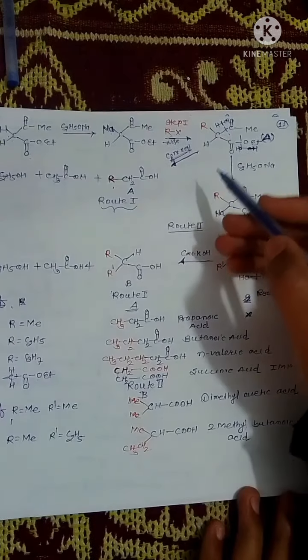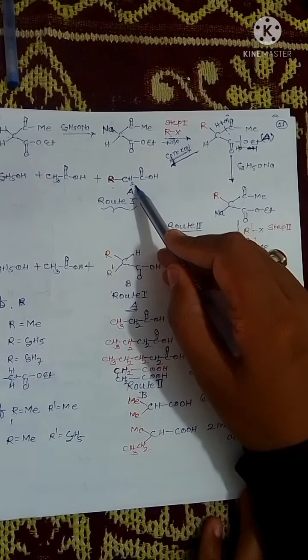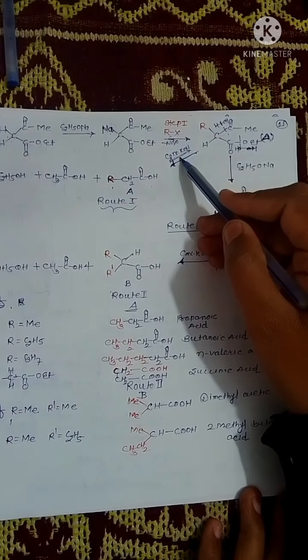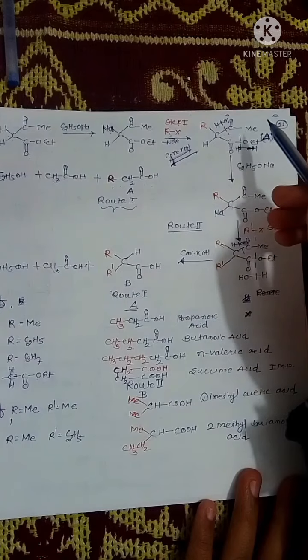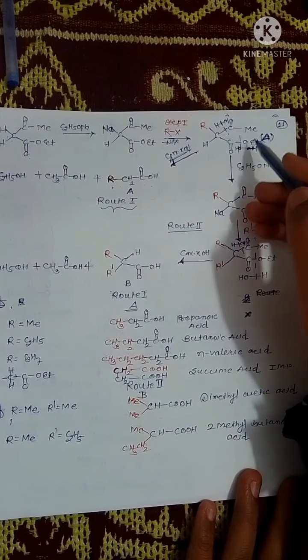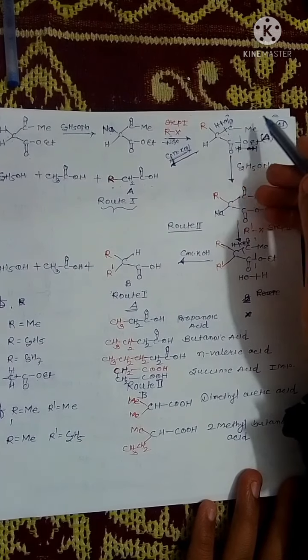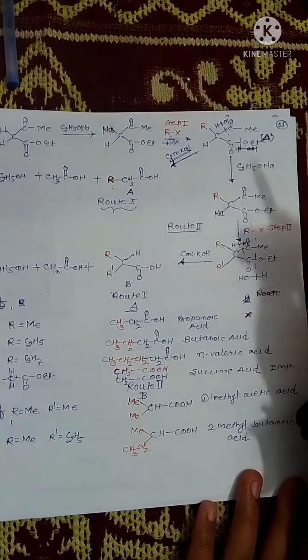How is this acid formed? That is RCH2 C double bond OH. So when we add concentrated KOH, basically two molecules of water can be used to write the product.